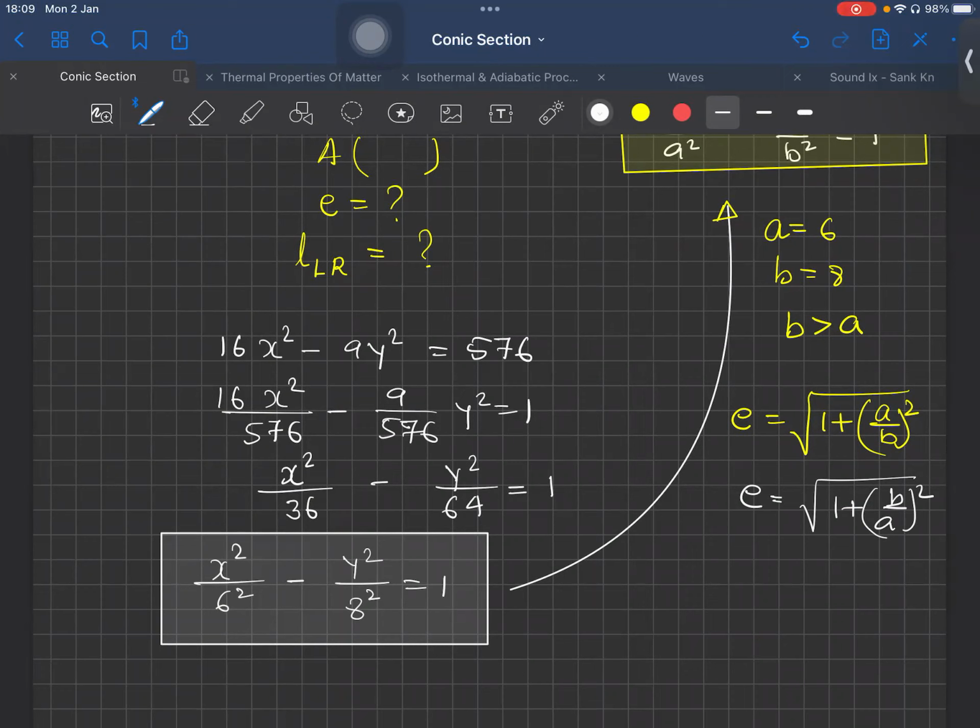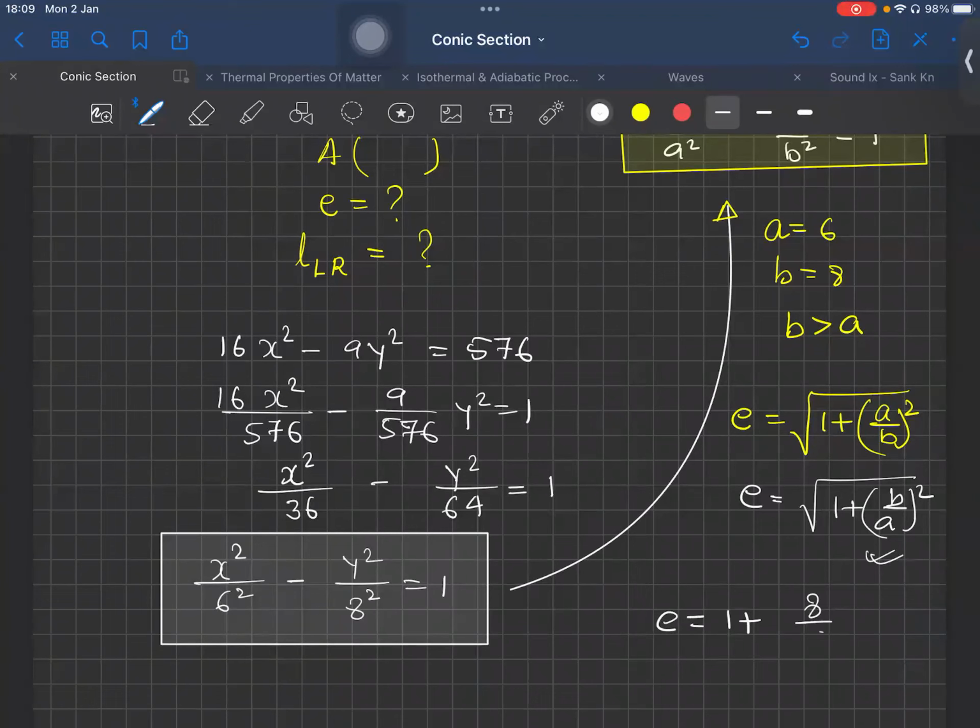Which one is correct, the first one or the second one? The second one.